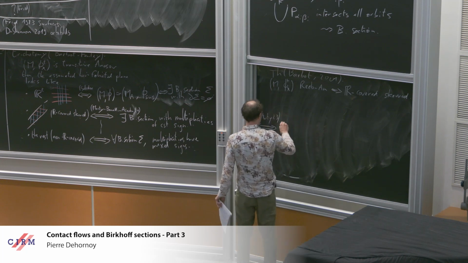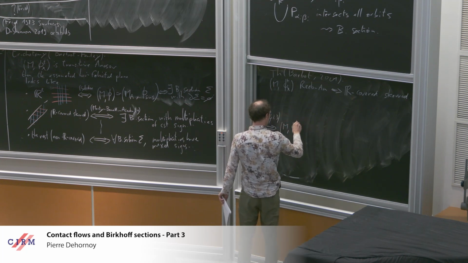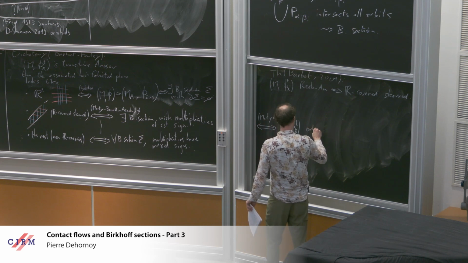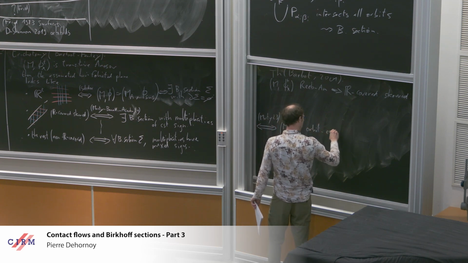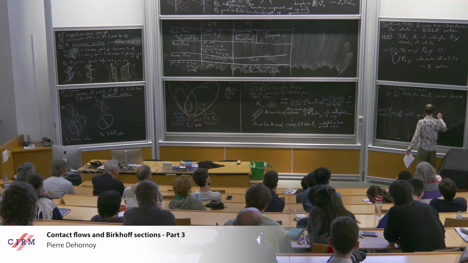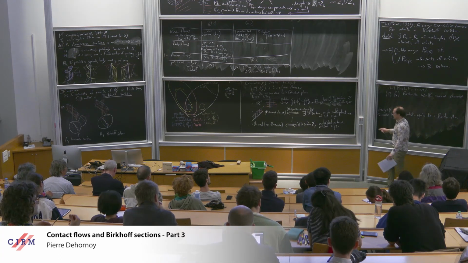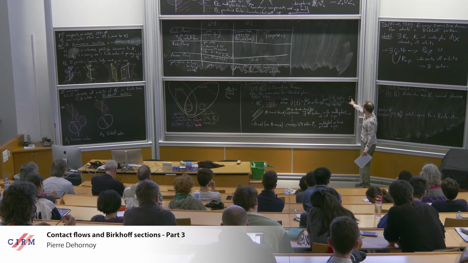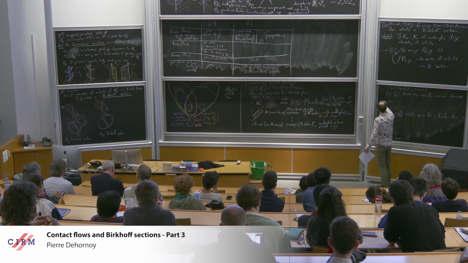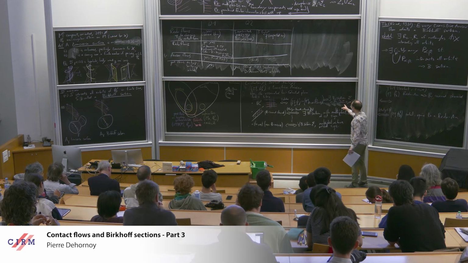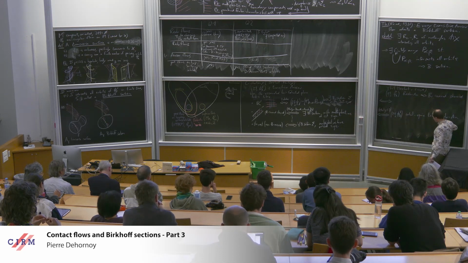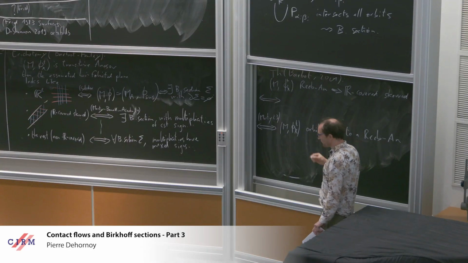So M phi is orbit equivalent to Reeb Anosov. It's not difficult, but it means that it can be reparametrized.